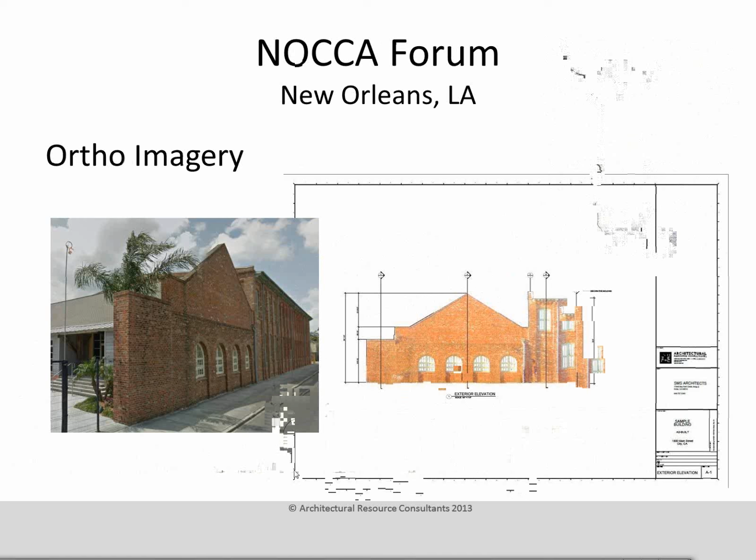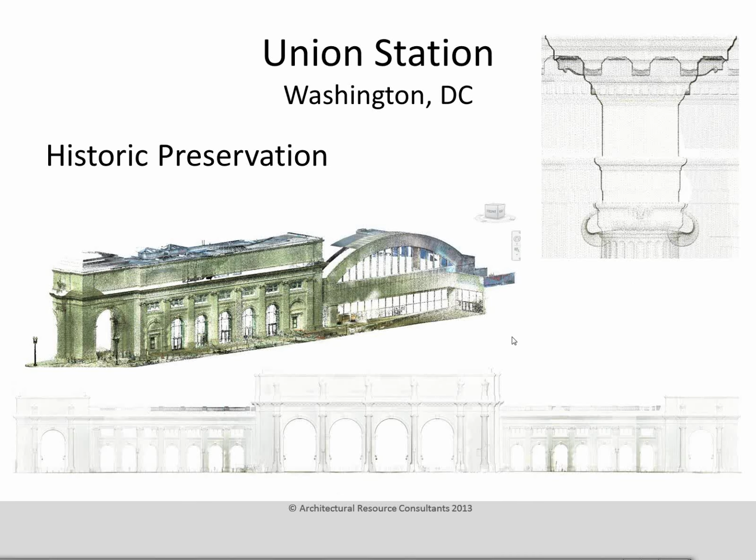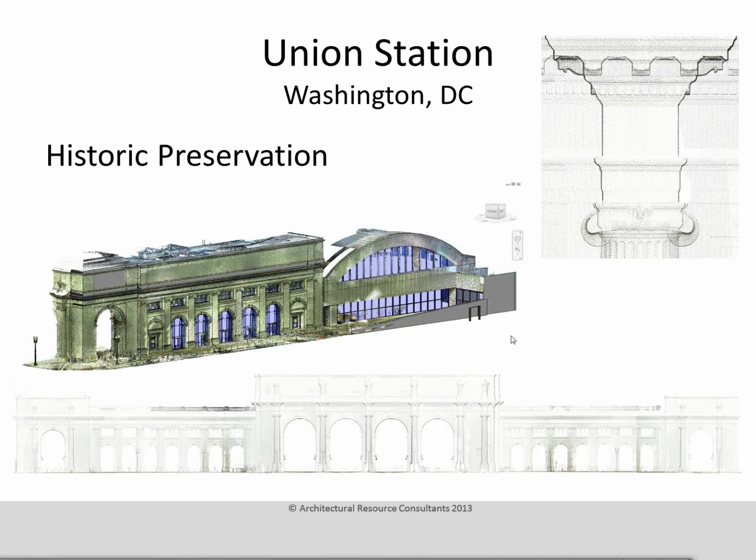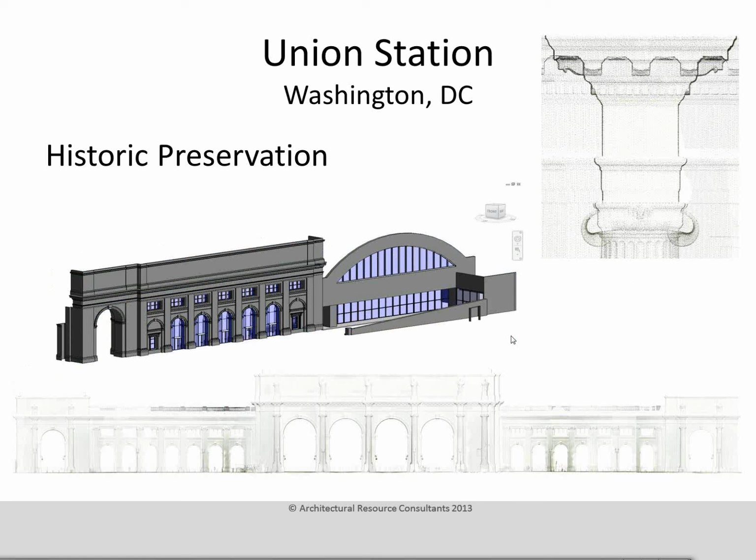These are people down here. So this is fairly high up in the air, and you can see the amount of detail that you're still able to capture. This can be then also processed into something like a 3D BIM using, in this case, Revit.